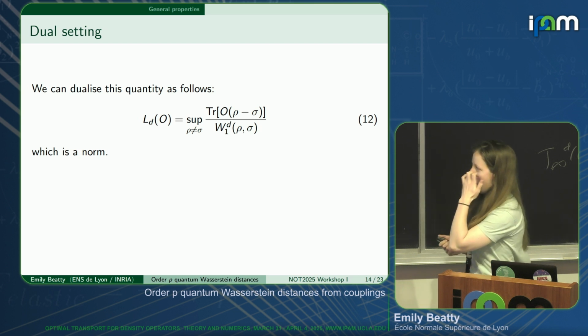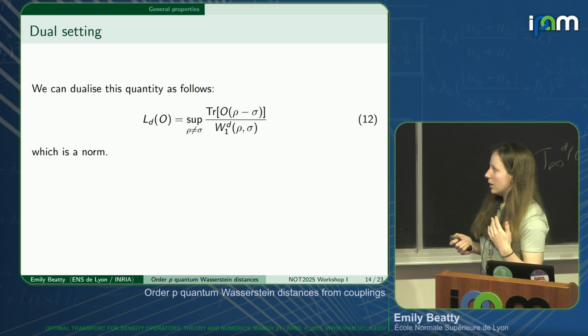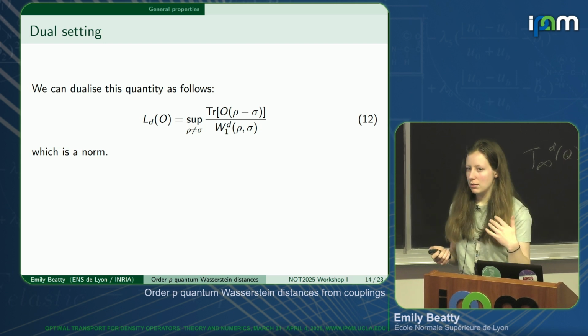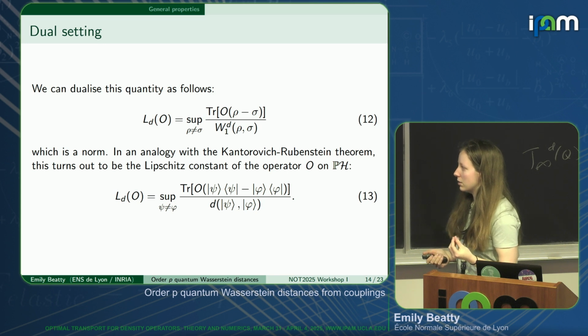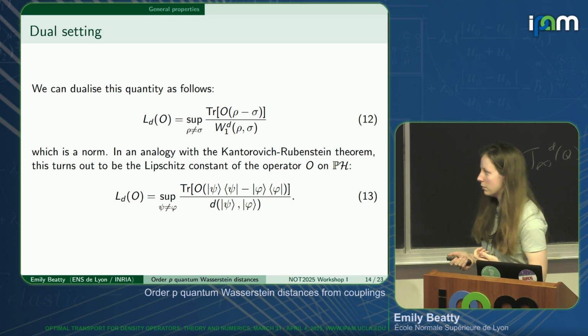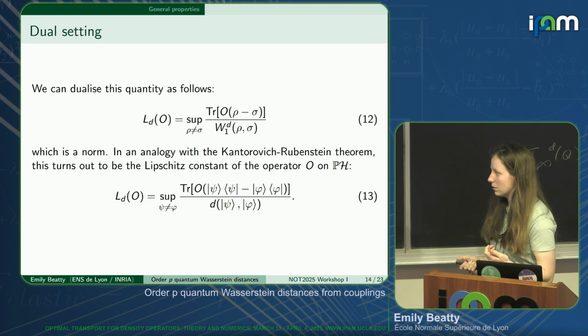In fact, it turns out that this definition is independent of our construction, in the sense that this supremum is the same as the supremum if you were to take rho and sigma to be pure. But if you take rho and sigma pure, it's just the underlying distance on the set of pure states.